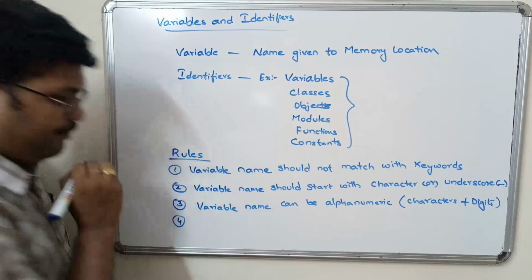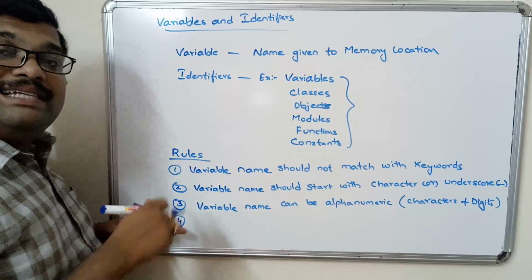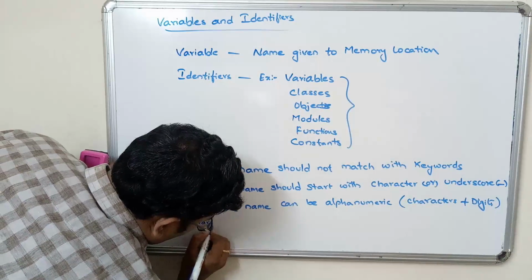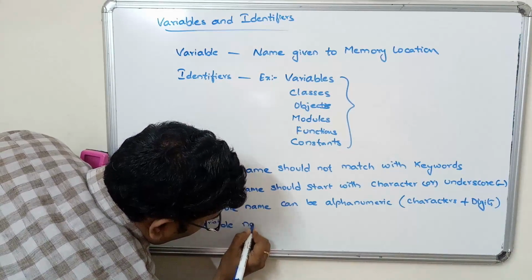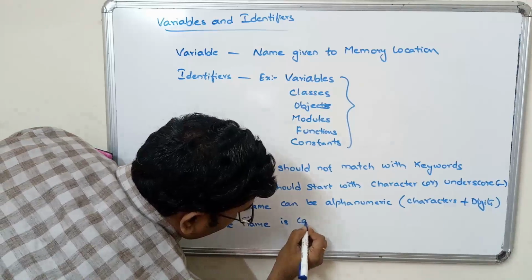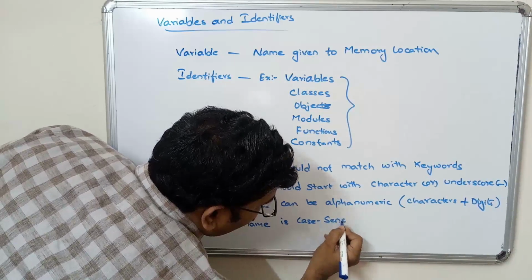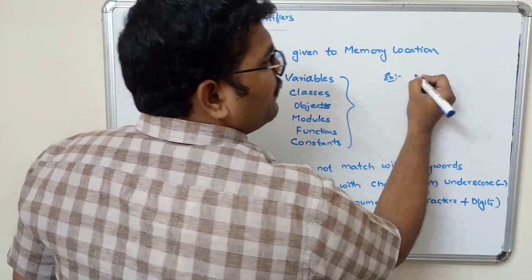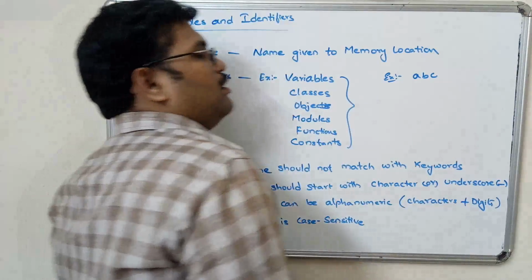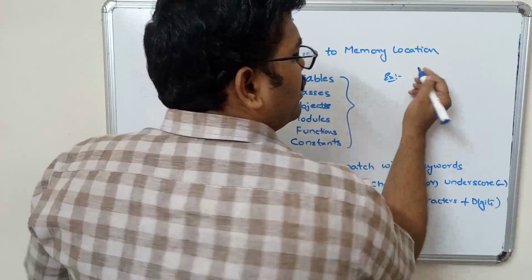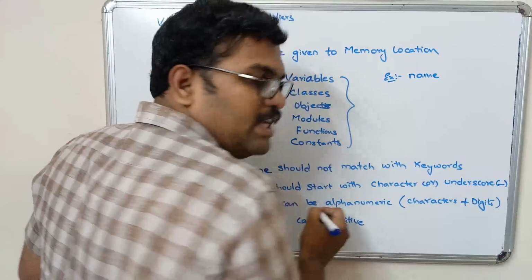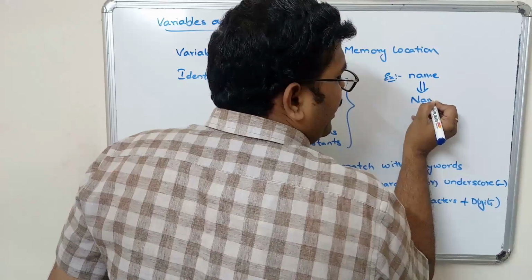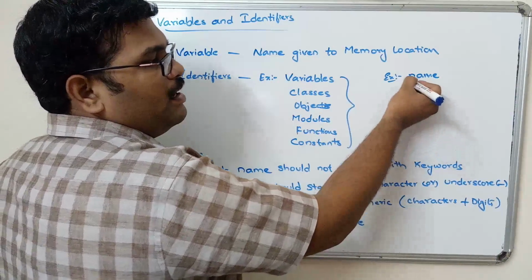And the fourth one: variable names are case sensitive. That means, for example, if I write a name in lowercase, it is different from Name, because here N is capital and here n is small.